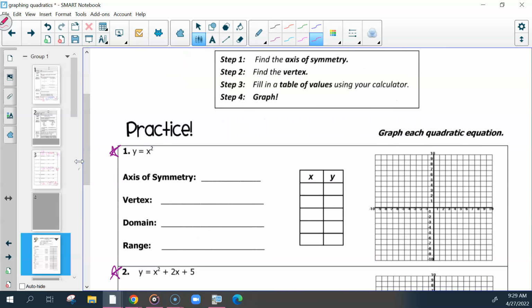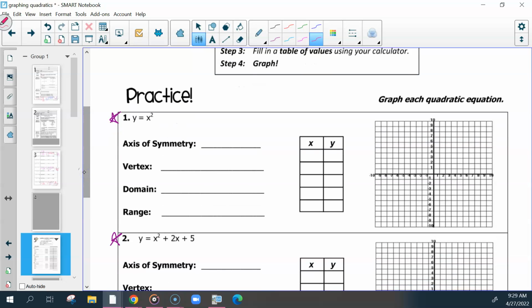I am going to show you what we do with this table and the graph, and then we'll deal with domain and range, and then there's something else we need to add. So for this one, if we're doing our axis of symmetry, how can we set that up? Over, not negative, but 2 times 1. What would our axis of symmetry be? 0. We don't have a b term, so this would automatically be 0.